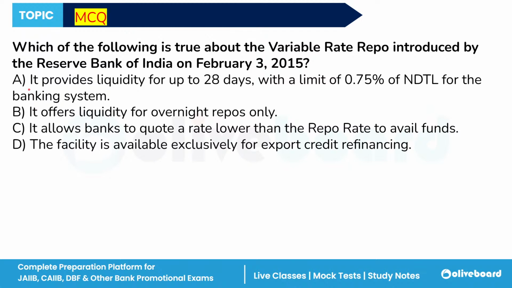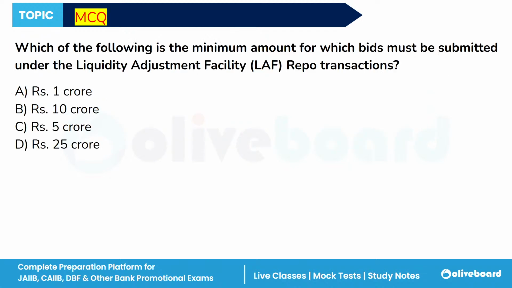So option A is correct. And which of the following is the minimum amount for which bids must be submitted under the LAF repo transactions? I think the answer I told you, 5 crore. Okay, understood?